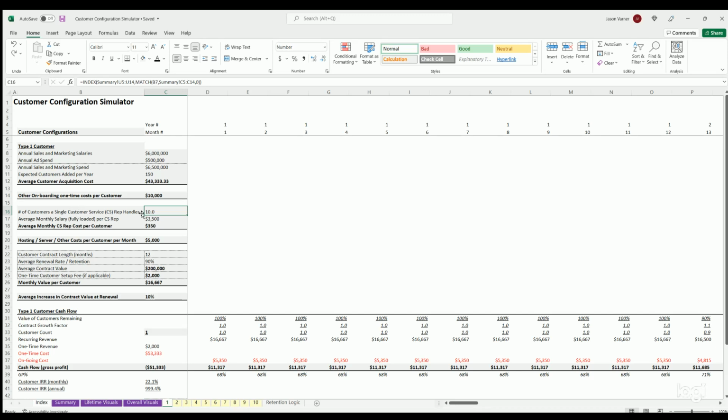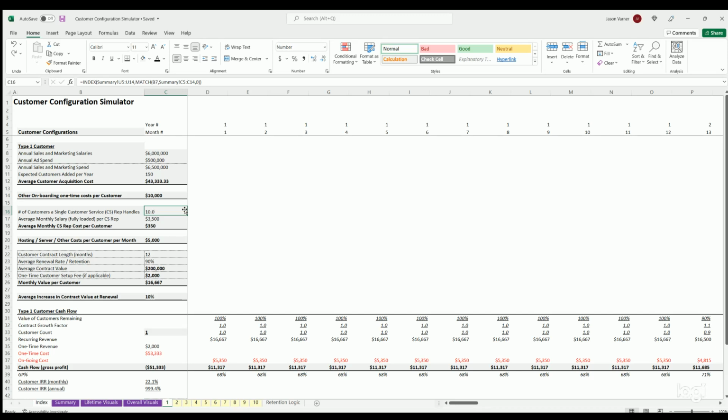Customers. So here it's very likely customer service reps have to handle, or might have to handle, servicing customers. That's considered cost of goods sold and a part of the ongoing cost, and it's going to be reduced to get your gross margin per customer per month.